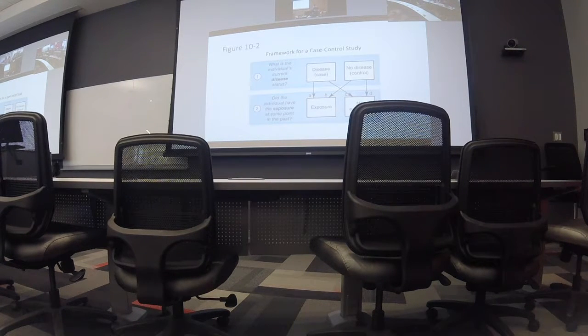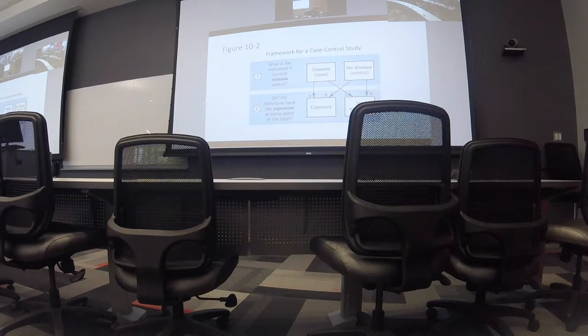You could be a control individual, did not develop lung cancer, and did not smoke. You could also be an individual who did not develop lung cancer, but you did smoke. And you can also be an individual who developed the disease, got lung cancer, and you did not smoke. So that's the basic framework for a case control study.